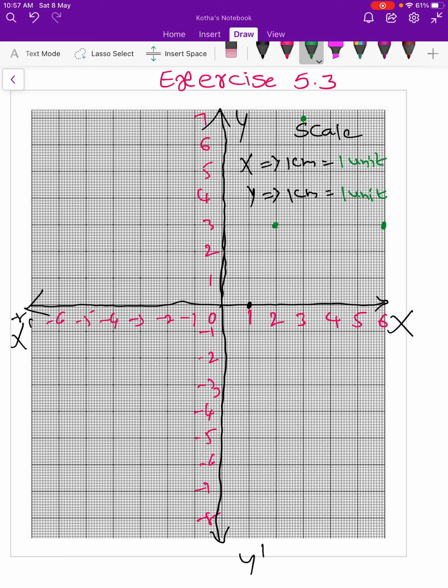We represent all the points. Join them to make a triangle. We need to join the points and it will become a triangle.